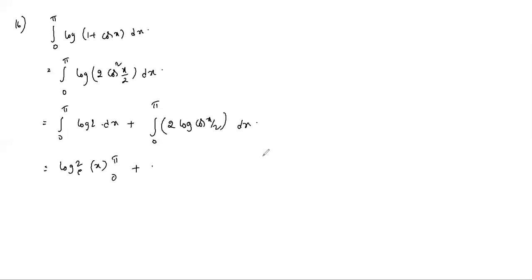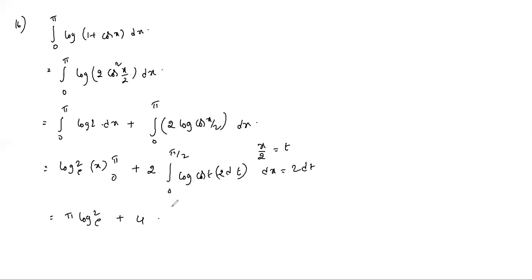you take the substitution x by 2 equals t. Dx equals 2 dt. So 2 into integral, limits 0 to pi by 2, log cos x by 2 is cos t, dx is 2 dt. So pi log 2 base e plus 2 into 2, that is 4, integral 0 to pi by 2 log cos t dt.